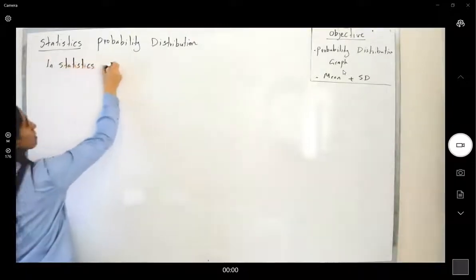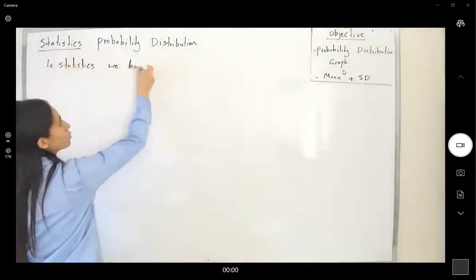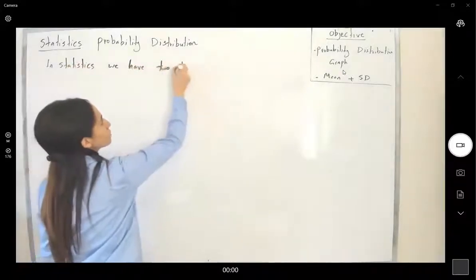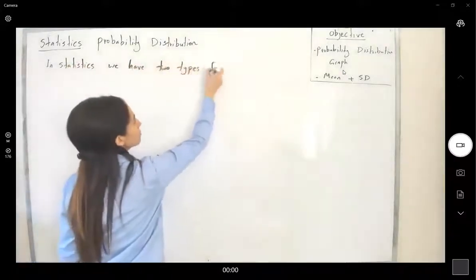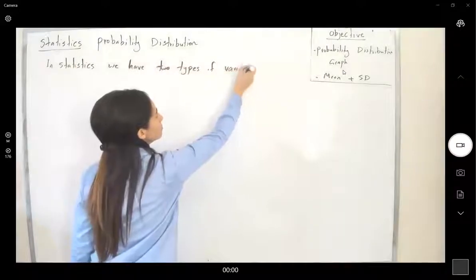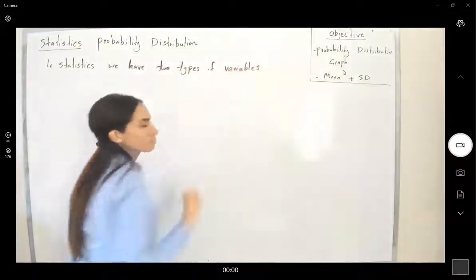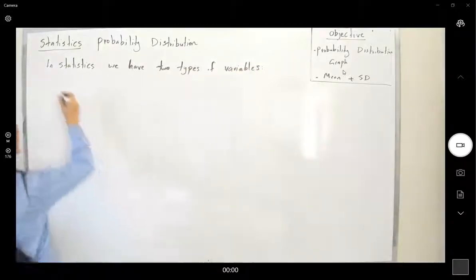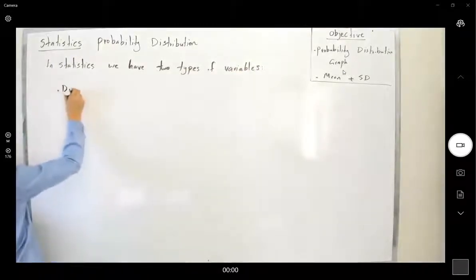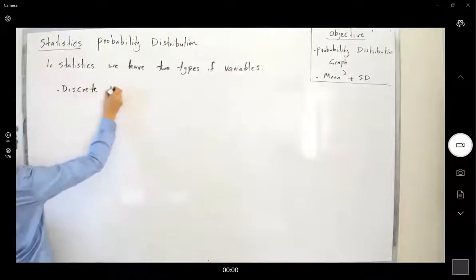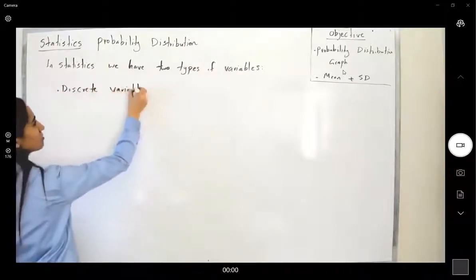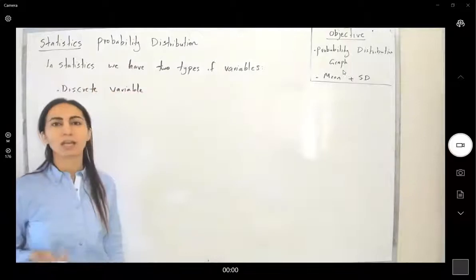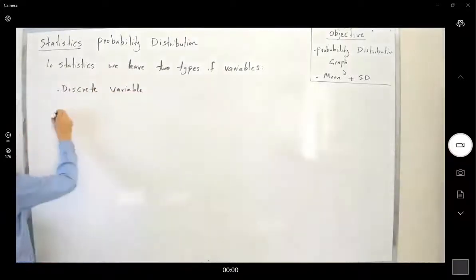In statistics, we have two types of variables. The first type is called discrete variable, and the second type is called continuous variable.